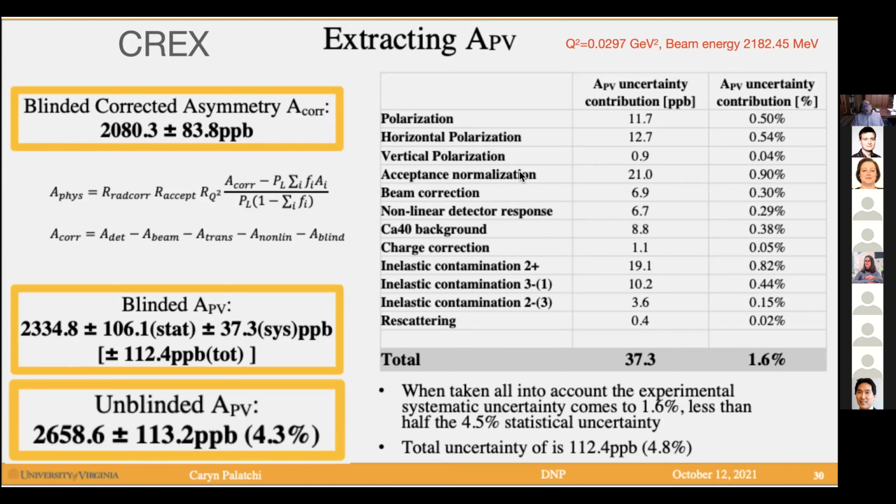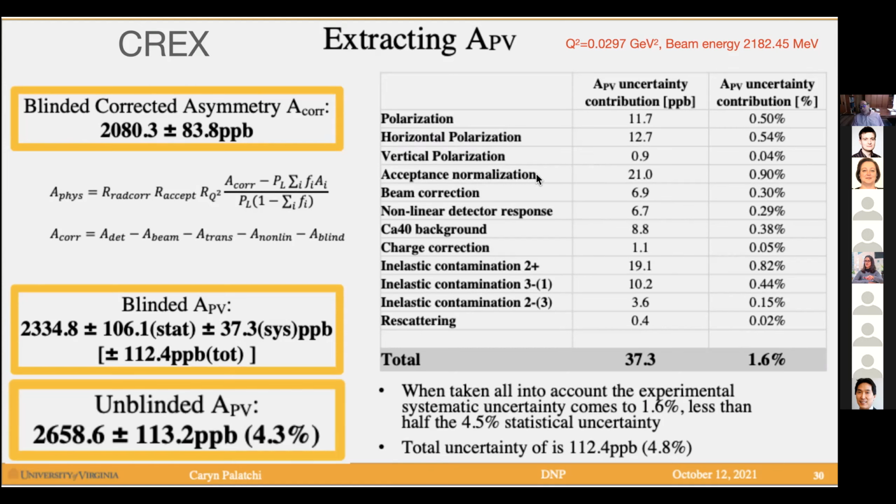So acceptance normalization basically depends on very accurately knowing exactly the scattering angle of the experiment. And the experiment accepts a small range of scattering angles. And so there's a number of auxiliary measurements to determine exactly what those scattering angles are.